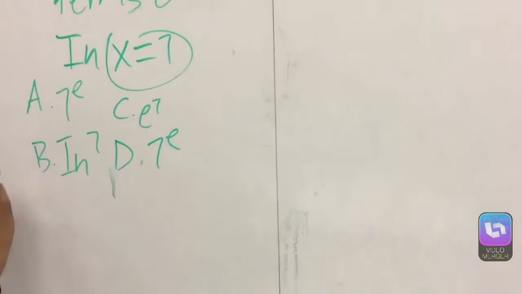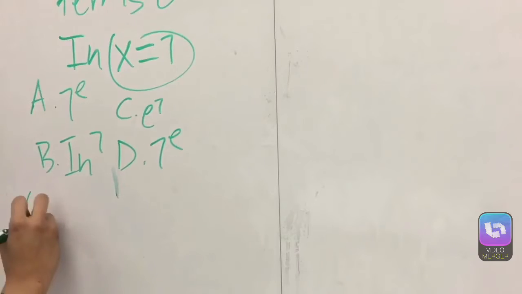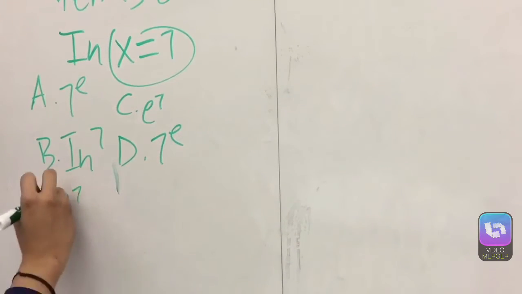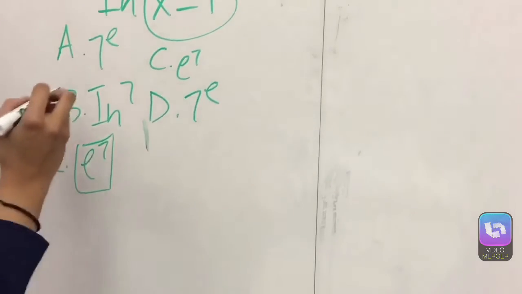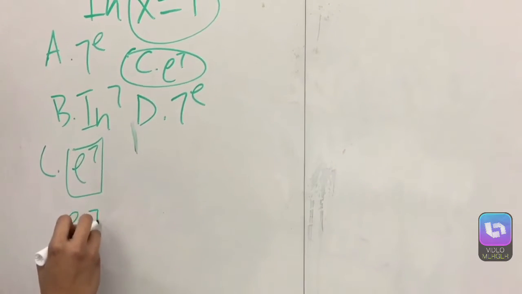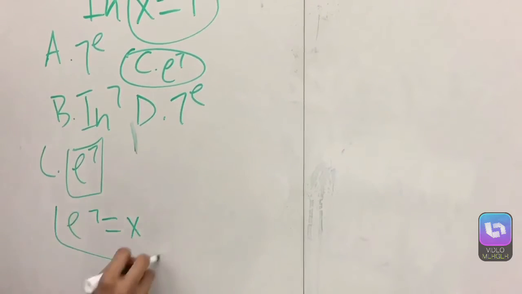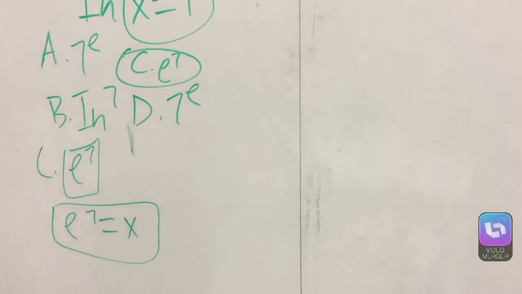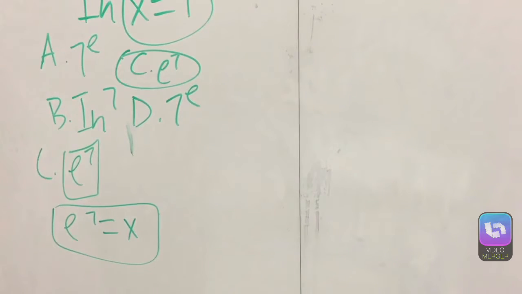The correct answer is C, e to the 7th power. And you would write this as e to the 7th power equals x. Remember to leave your answers in terms of e when the question asks for it.